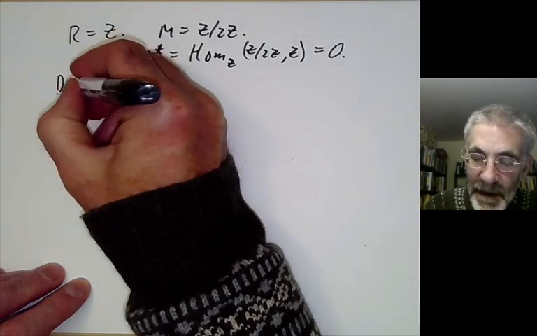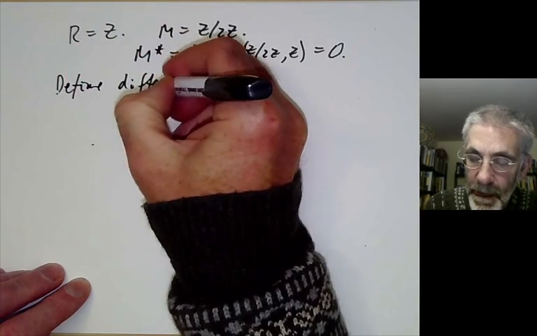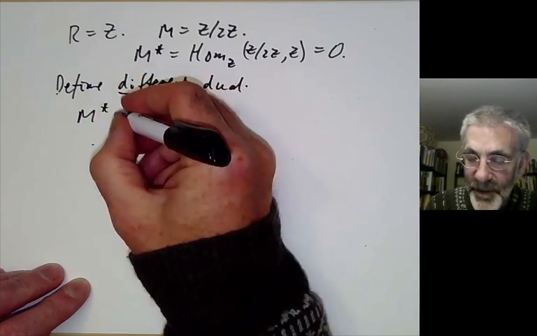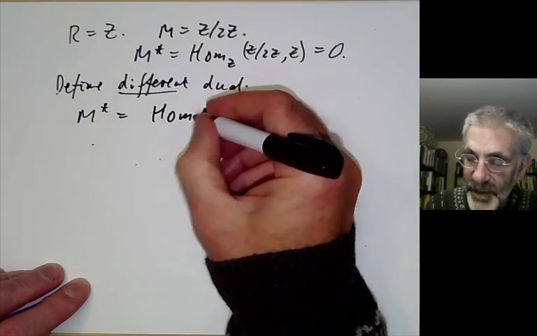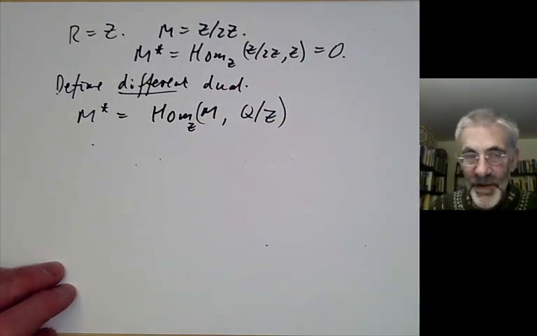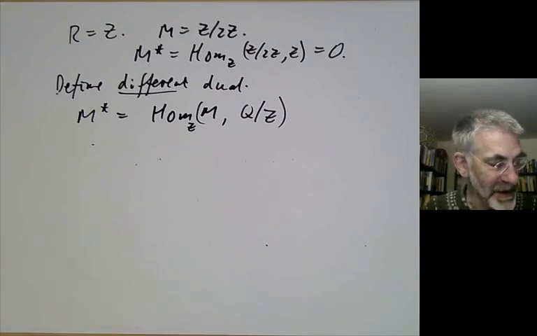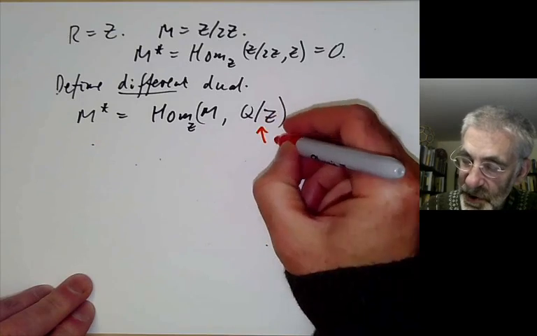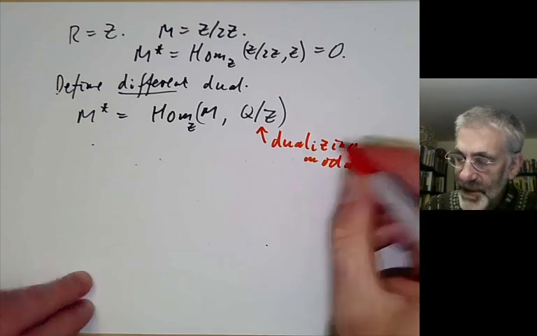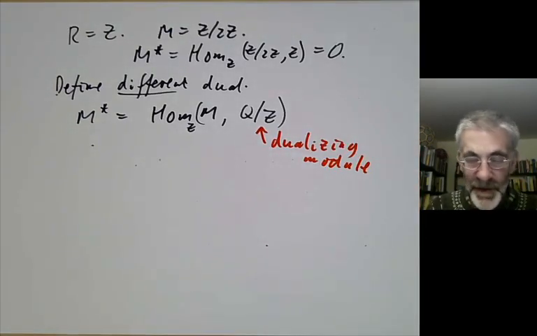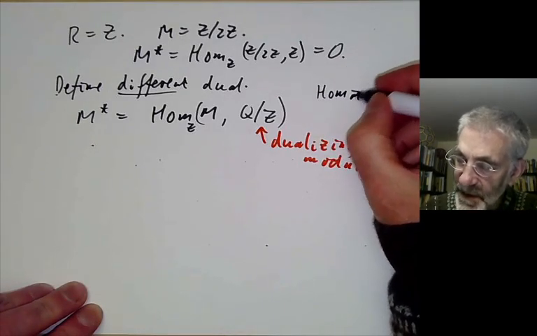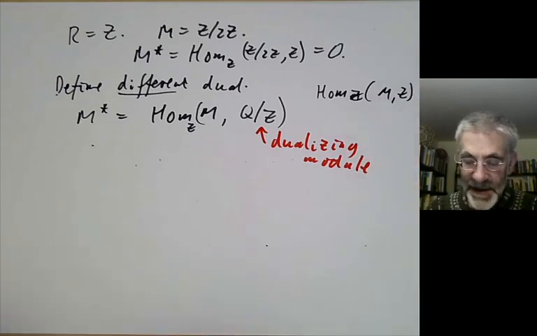What we're going to do is define a different sort of dual. So this time we're going to define the dual of M to be Hom over Z from M to, well, we're going to use Q over Z for reasons that will become obvious fairly soon. And this is called a dualizing module. And there's not a single choice of dualizing module. For instance, earlier we used Hom over Z from M to Z as our definition of dual.